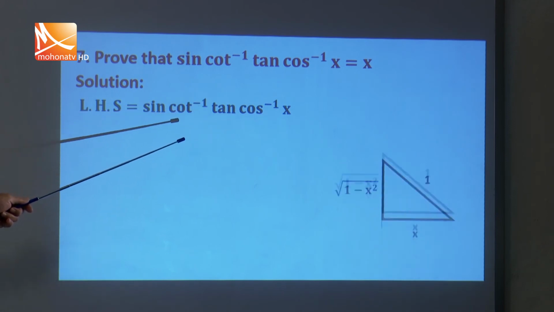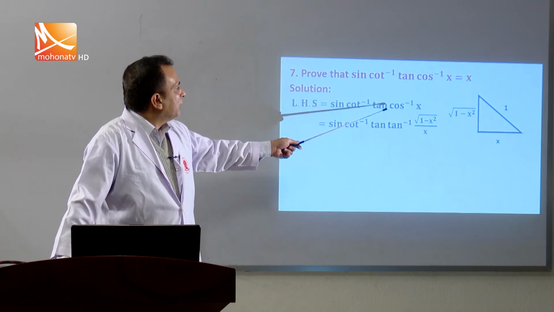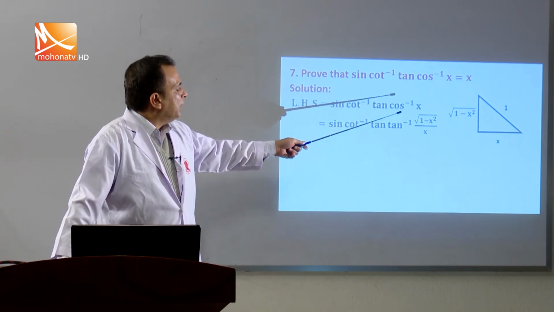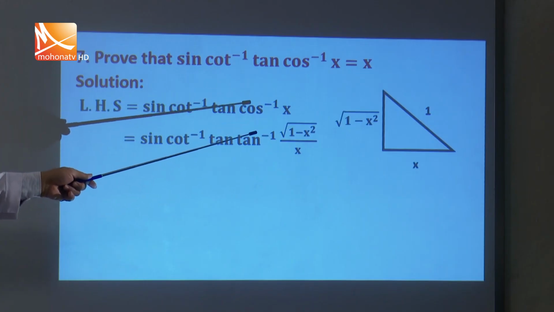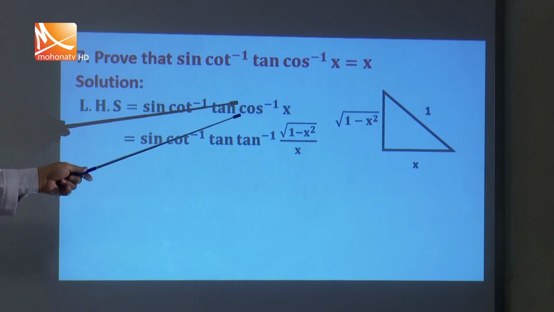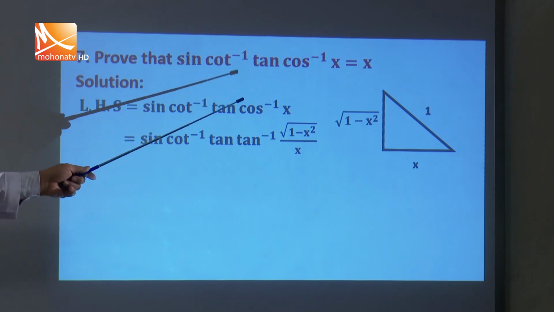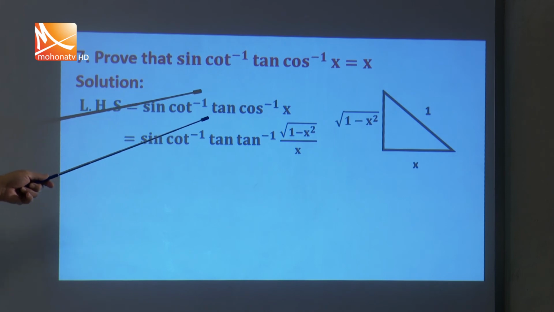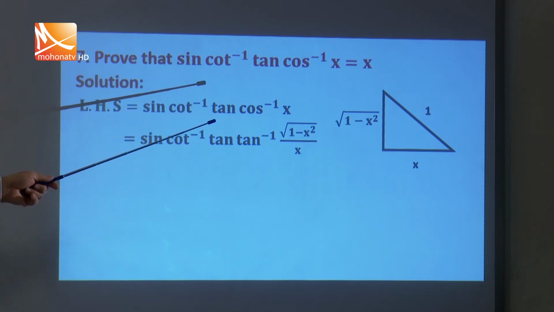If you think that cos inverse x equals theta, so cos theta equals x. You just see the adjoining right angle triangle. Cos theta, what is the ratio of cos theta? The ratio of cos theta is adjacent by hypotenuse. So adjacent is x and hypotenuse is 1. So what is the perpendicular? Opposite. Perpendicular means opposite.